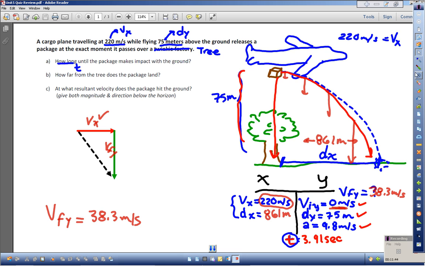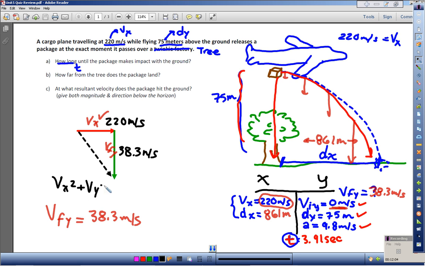To do that, it is as simple as using the Pythagorean theorem, where this side of the triangle is 38.3, and this side of the triangle is 220. To solve for that, it is a matter of using the x component squared plus the y component squared, square rooted, and that will give me my resultant velocity.